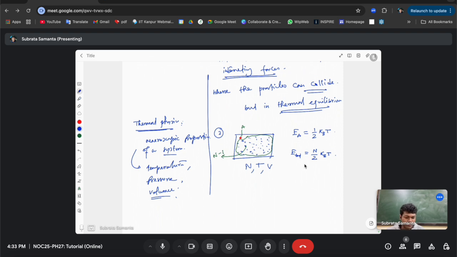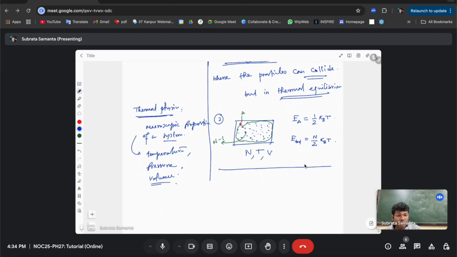And more precisely, it tells you that each degree of freedom gets the energy.